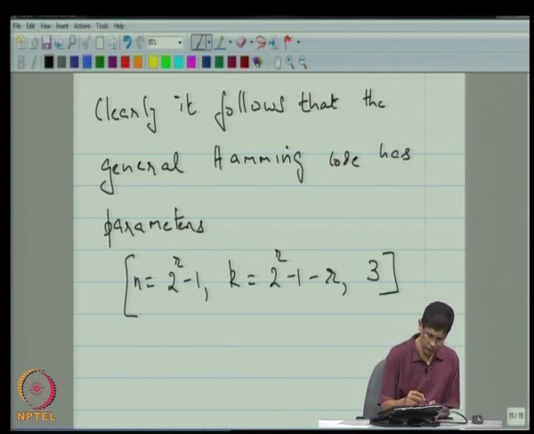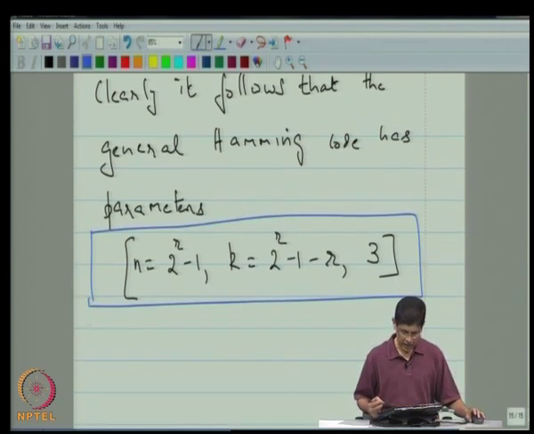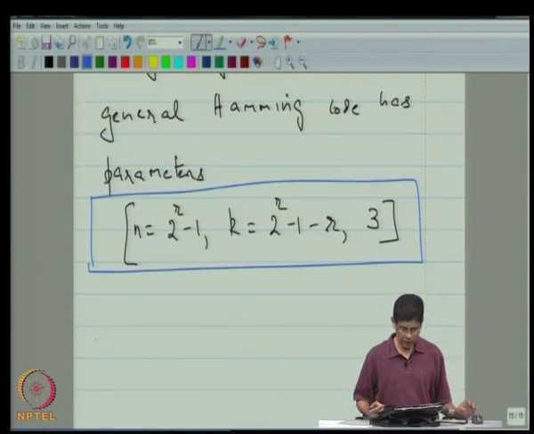If this is not clear to you, then I would suggest you work this out, because it is simply a consequence of the nature of the parity check matrix of the Hamming code.